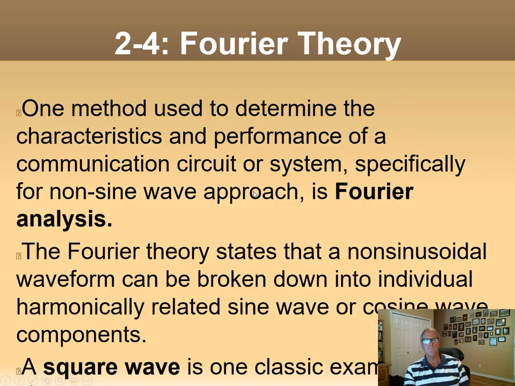There's another one. So let's talk about Fourier theory, okay? The thing about Fourier theory is any non-sinusoidal waveform is made up of an infinite number of harmonically related sine waves. A square wave is a classic example of a non-sinusoidal wave.